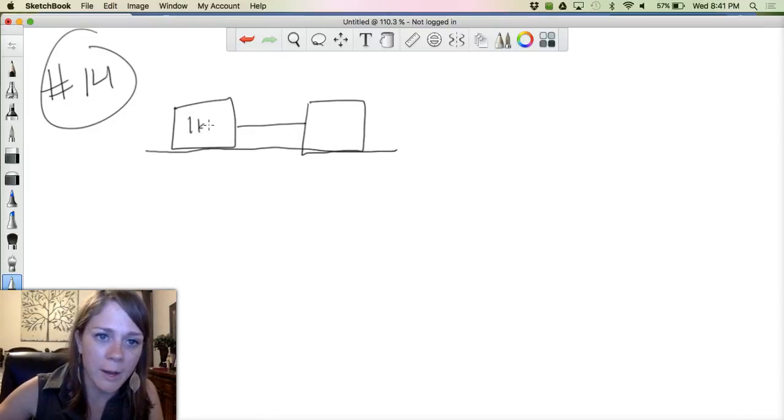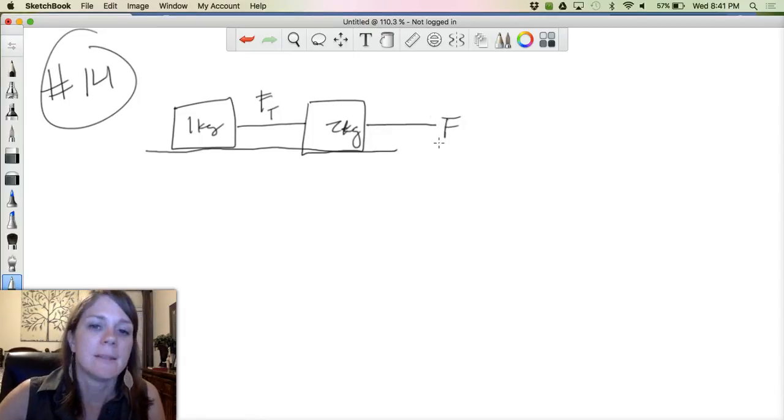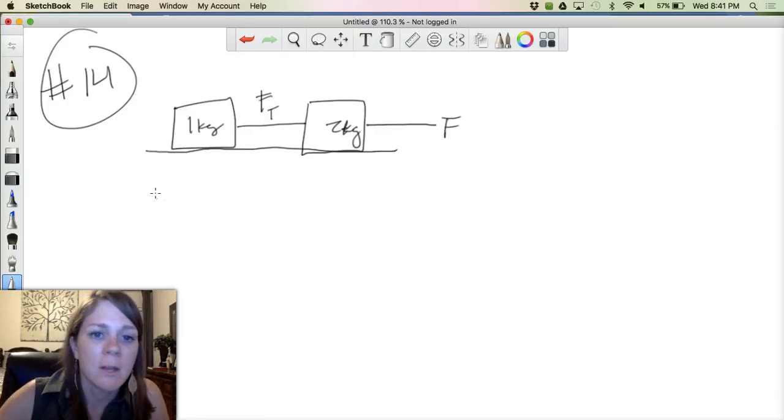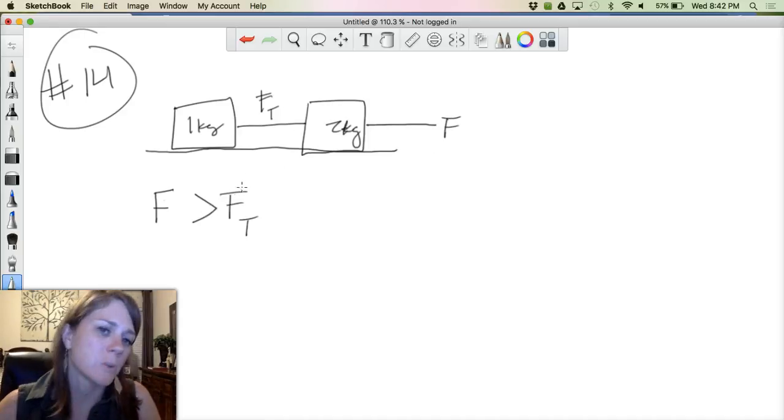We have 1 kilogram here, and we have 2 kilograms here, and we have a tension force in between those boxes, and we have an applied force of F here. Like we saw on the last page in our packet, that applied force has to be greater than the tension force in between those two.